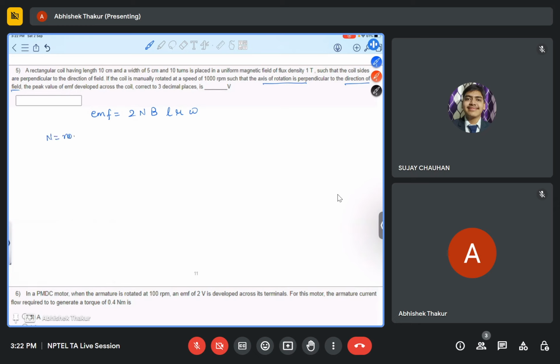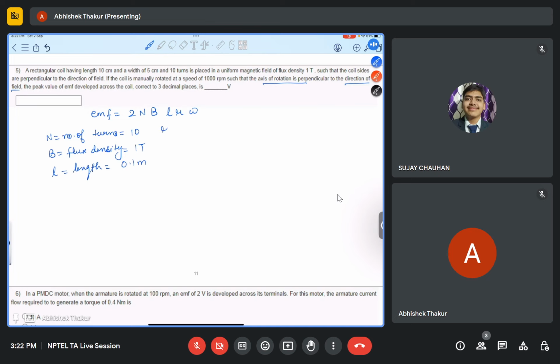N is equal to number of turns, that is equal to 10. B is equal to again flux density, that is equal to 1 Tesla. After that, L is there, that is equal to length, that is equal to 0.1 meter.